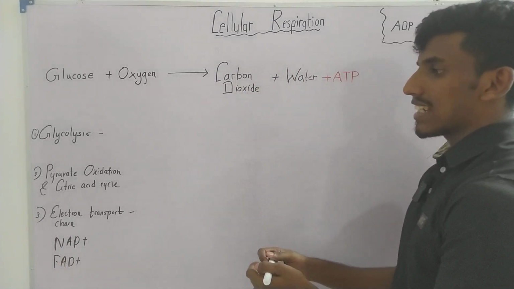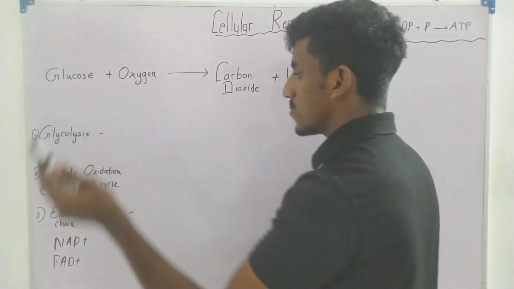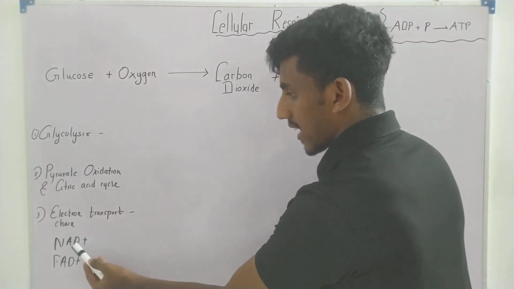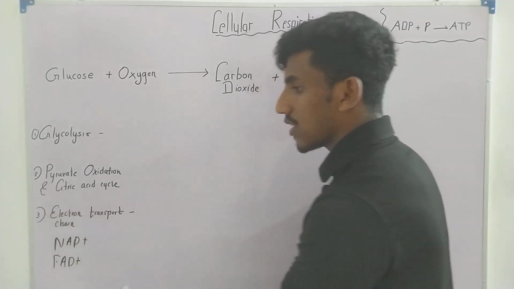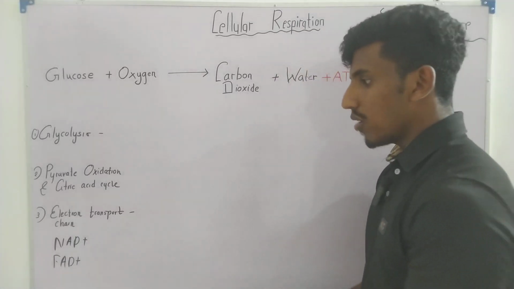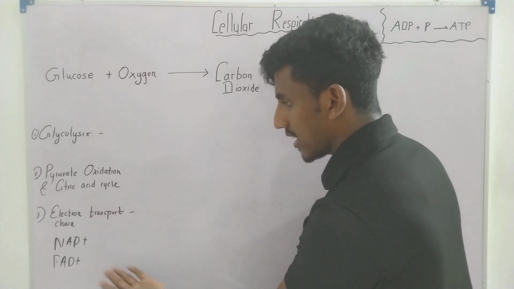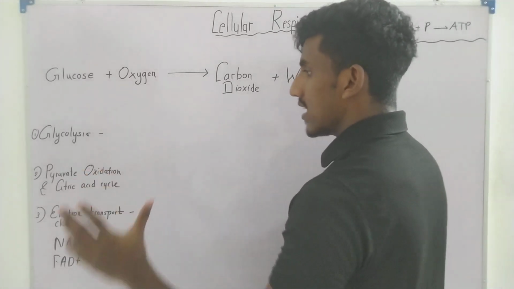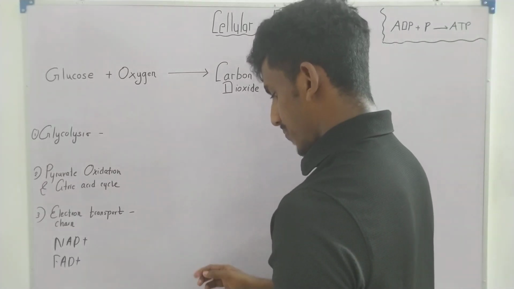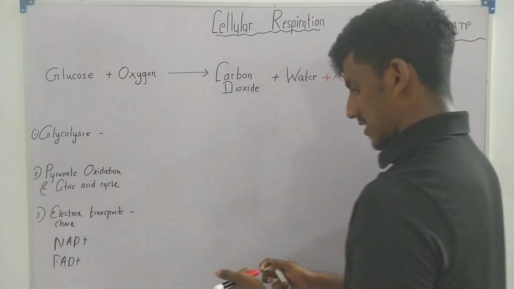These molecules can accept the electrons when the glucose molecules are broken down, and convert themselves, or reduce themselves, into their high energy forms such as NADH and FADH, and these can be used in the electron transport chain. We'll talk about all these in this video. First, let's start with glycolysis.